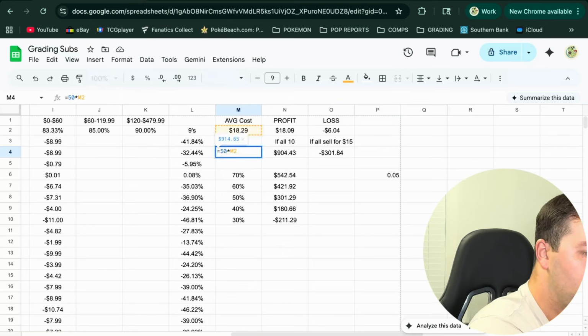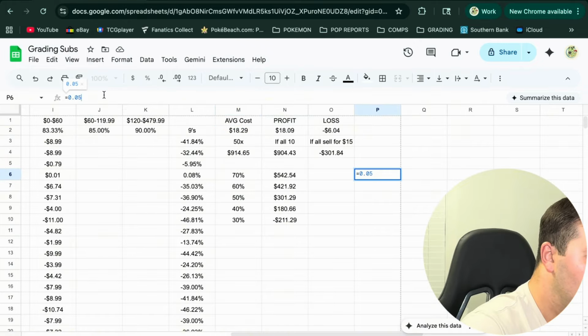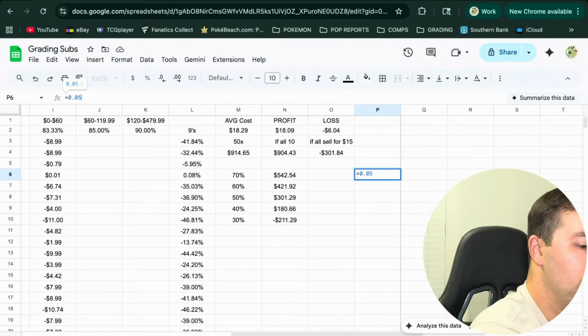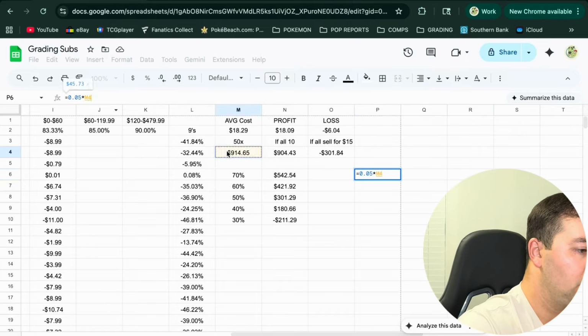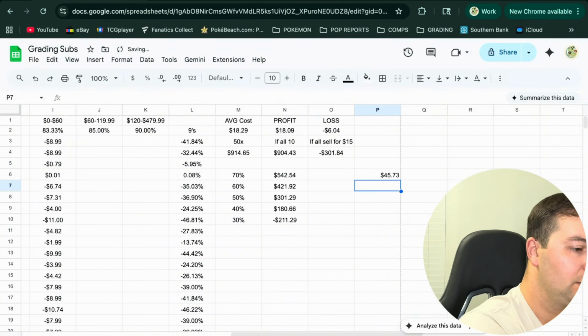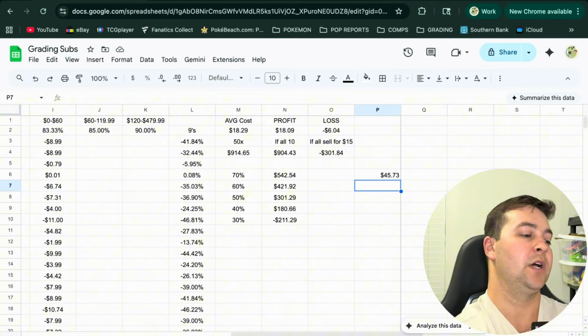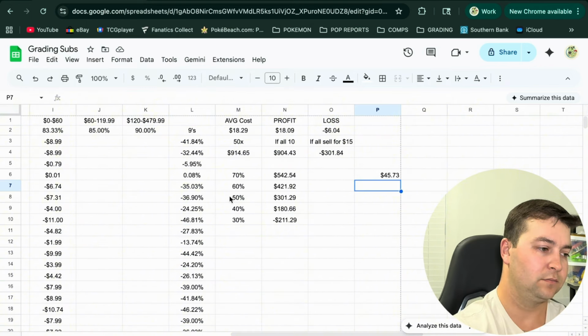Yeah, so we got to multiply that by the 914. So even if we made $45, we would be making 5% on this total cost, and that's kind of amazing.